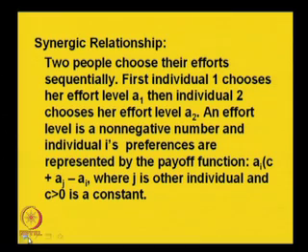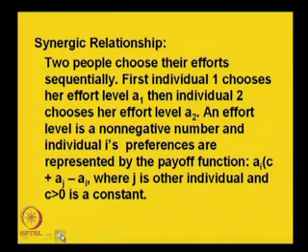First, individual 1 chooses her effort level a1, then individual 2 chooses her effort level a2, and an effort level is a non-negative number, and individual i's preferences are represented by the payoff function ai multiplied by (c plus aj minus ai), where j is the other individual and c greater than 0 is a constant.